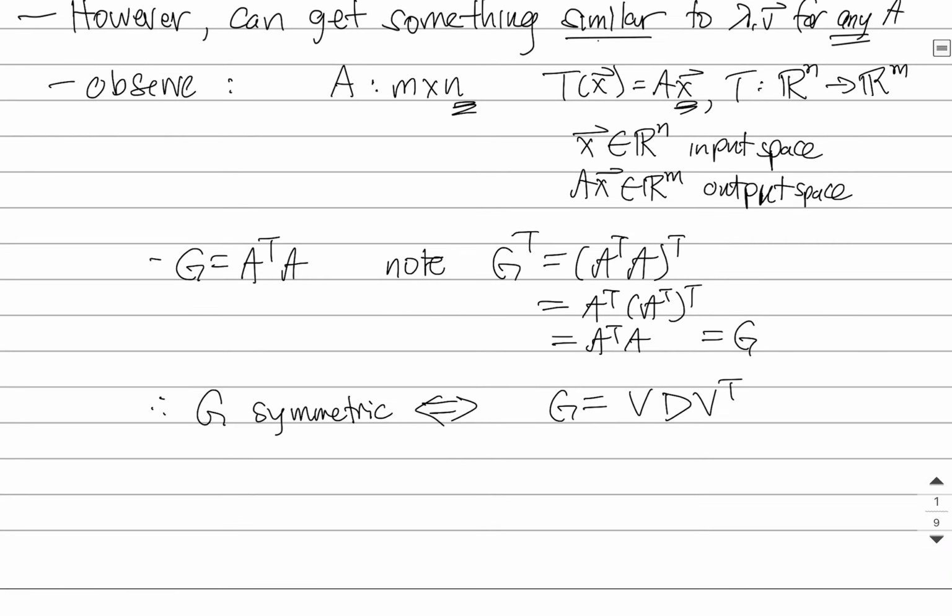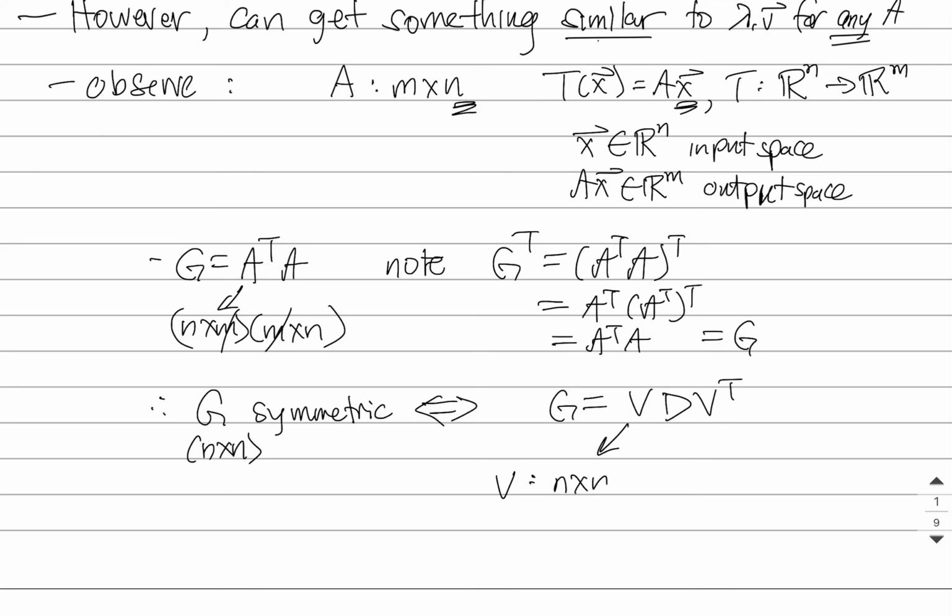Now here, the dimensions of G are n by m times m by n, which means G is an n by n matrix, and all of these matrices will be square, n by n.